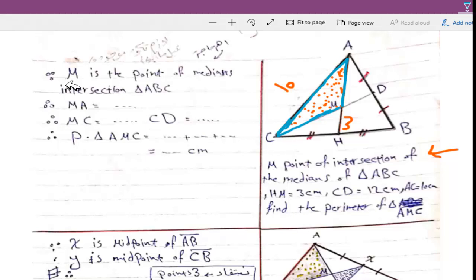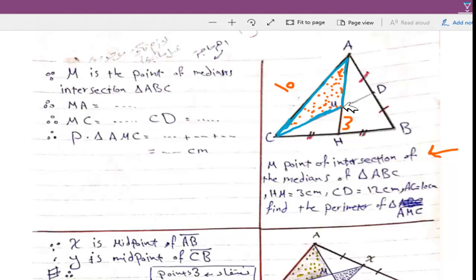So the first thing you have to write is, since M is the point of medians intersection of the triangle ABC. Why did I say these are the medians? D is the midpoint and H is the midpoint, so any line segment from the vertex to these midpoints is called a median. He gives you the help and writes M is a point of intersection.